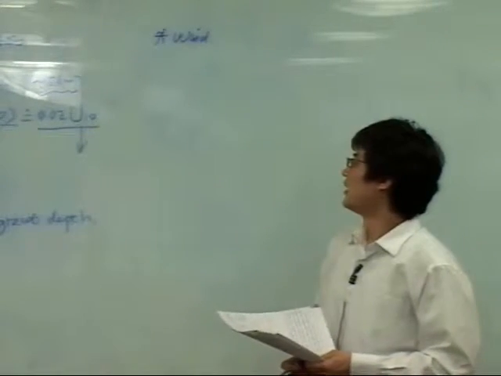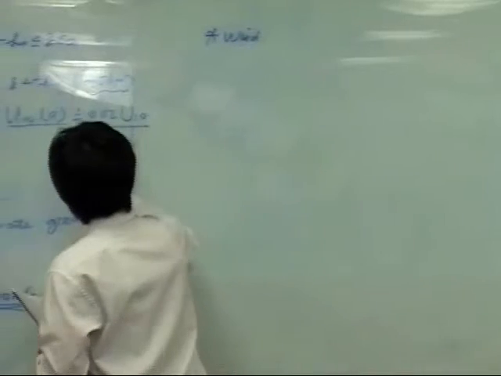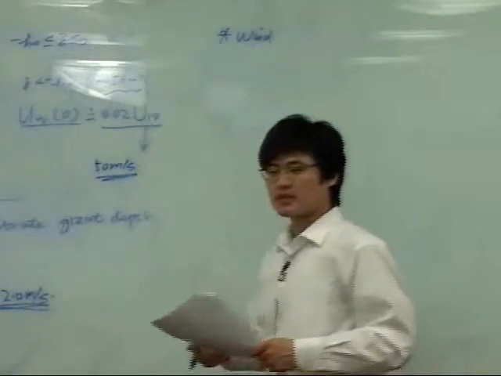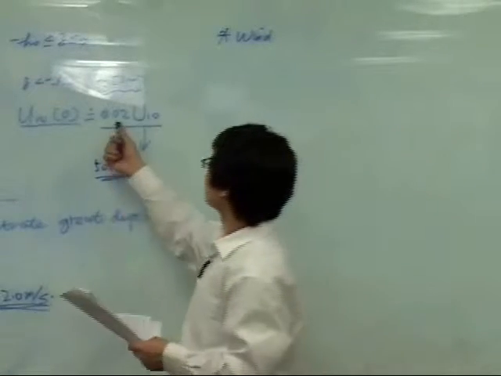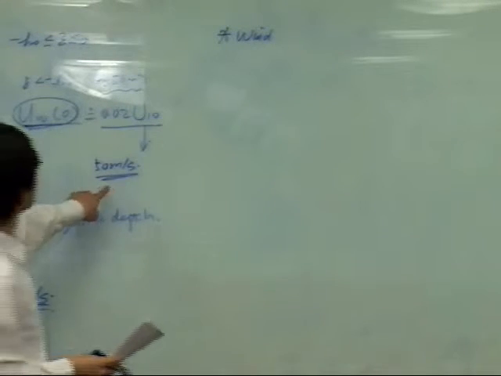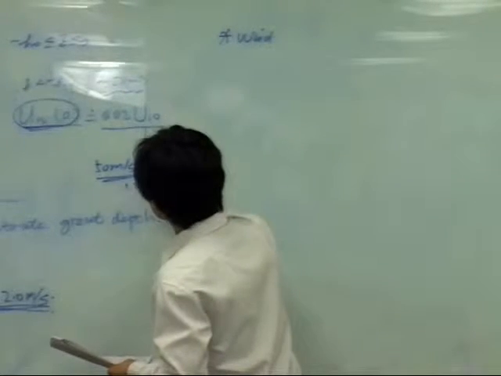So if I have 50 meters per second wind at 10 meters above the sea level, we can estimate the current at the surface. It's about 1 meter per second.